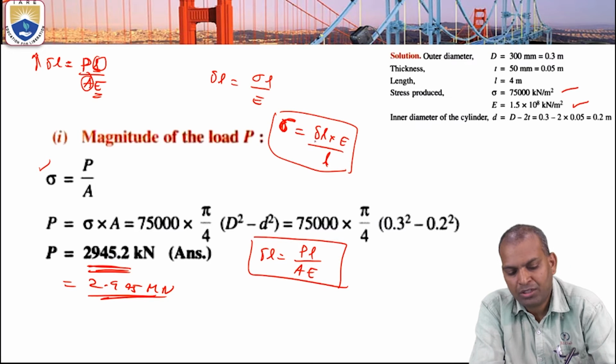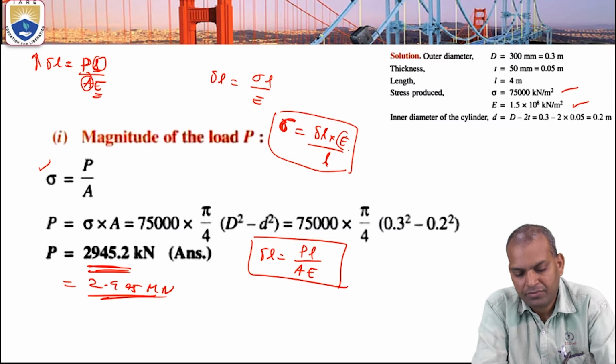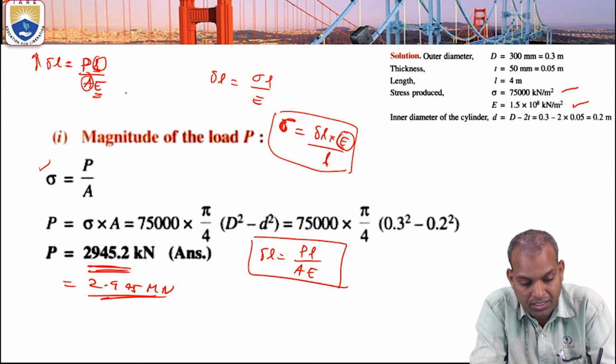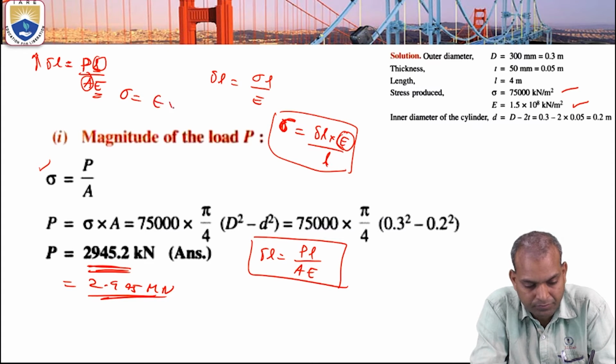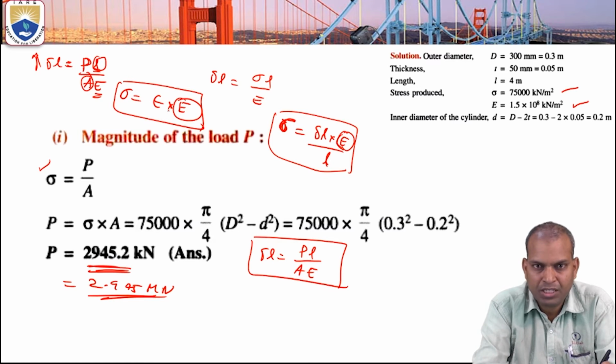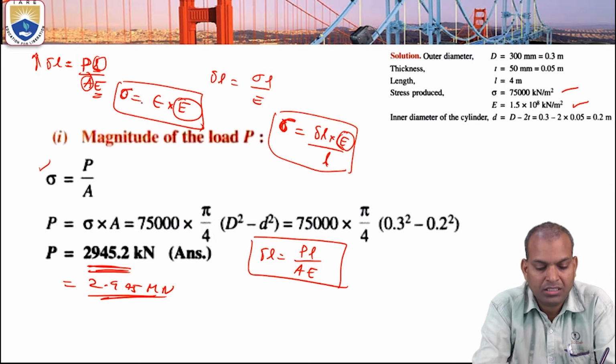Delta L by L is nothing but strain. So when the stress increases, the strain also increases, provided E is constant. E is the property of the material, it is constant and doesn't change. The variable here is the strain. If the stress is increasing, the strain will increase.